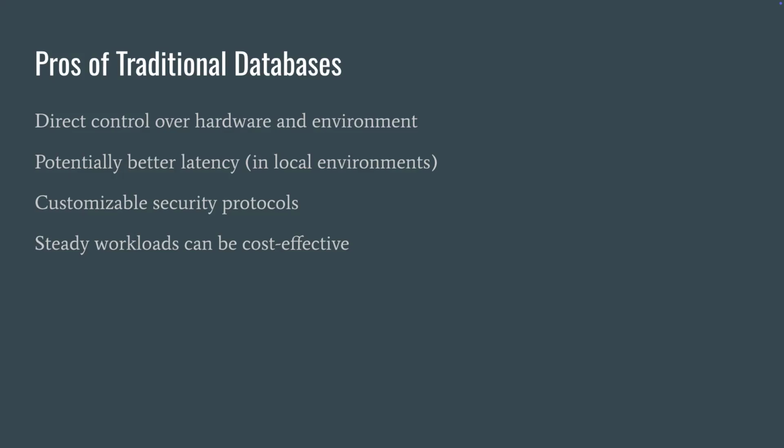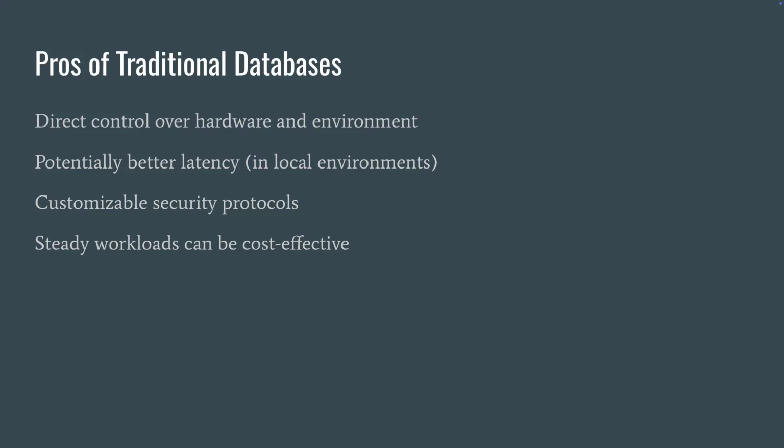Third, customizable security protocols. It varies by industries, but some industries require extremely granular security controls. This means if you have everything on premises, it allows for specialized configurations, which might not be possible or might be really difficult if you use cloud databases.